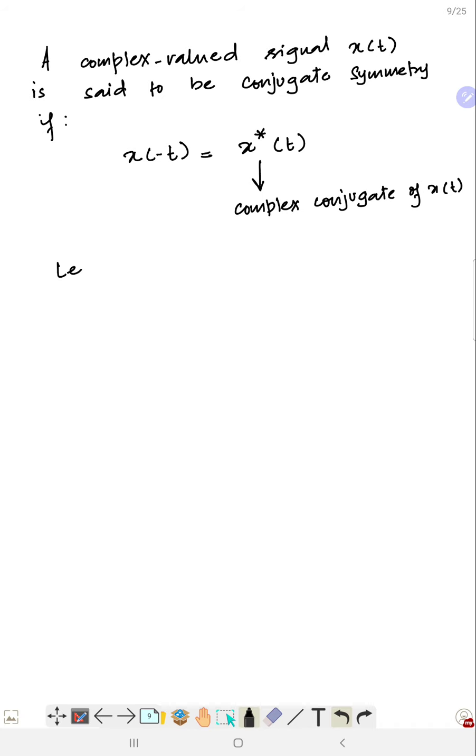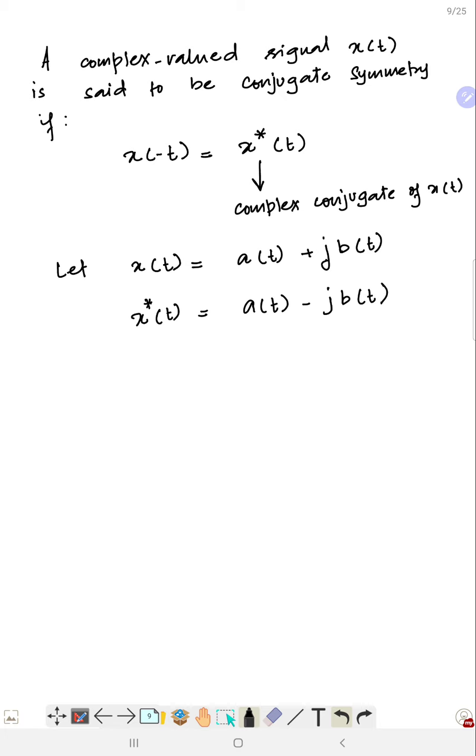Suppose I have a signal which is complex valued, x of t, which means I can always express it in this form: a real part and an imaginary part. That's one of the representations of complex numbers. This is the real part and this is the imaginary part. Then we define the complex conjugate as this: a of t minus j b of t.